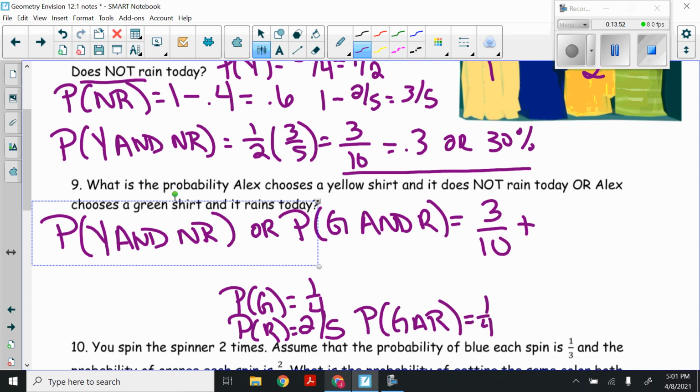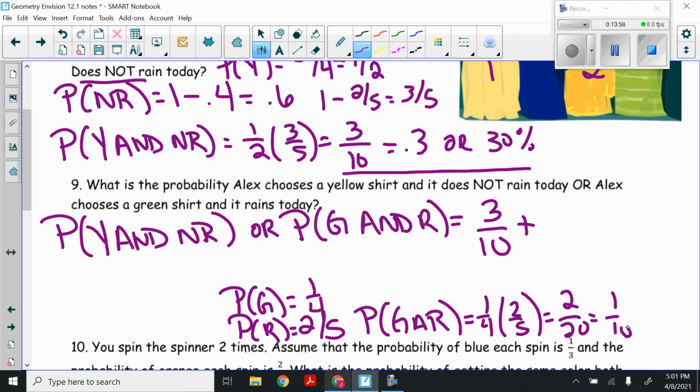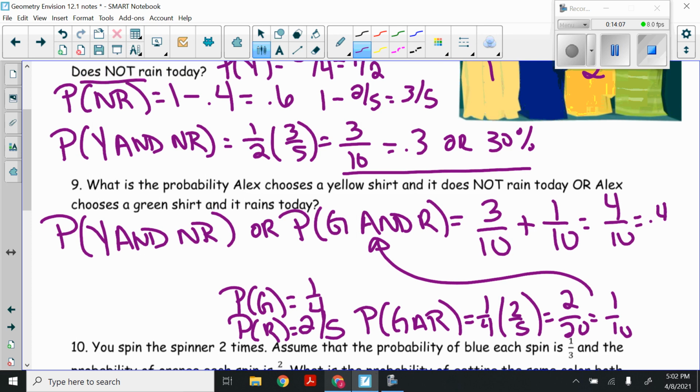If we do and, 1/4 times 2/5 equals 2/20 or 1/10. So that's the probability right here, and we need to add that here. When we add them, we get 4/10 or 0.4 or 40%.